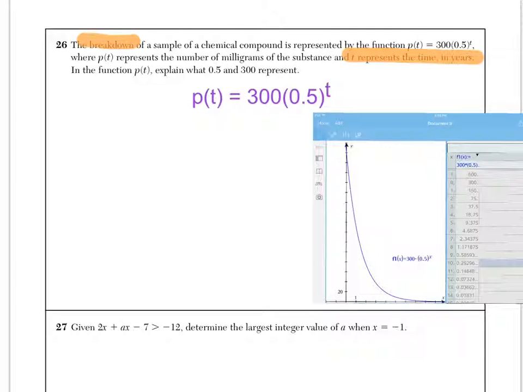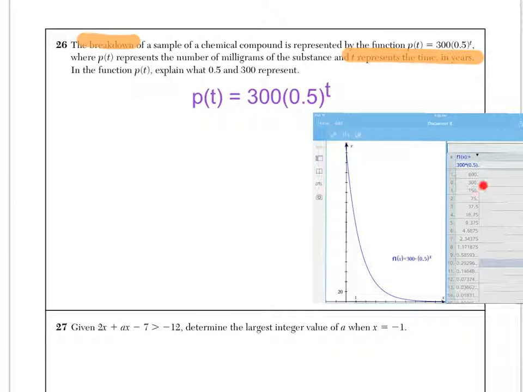How are they decreasing? How does 300 become 150? And how does 150 become 75? And how does 75 become 37.5? If you said that we are multiplying by 1/2 or dividing by 2, you are correct. Because to get from 300 to 150, we multiplied by 1/2.